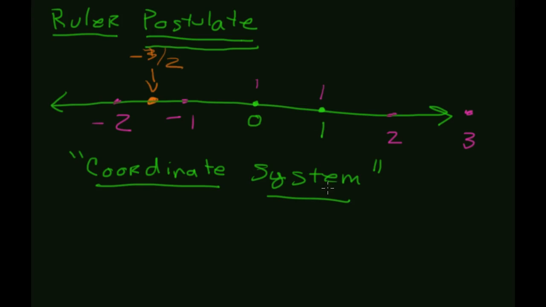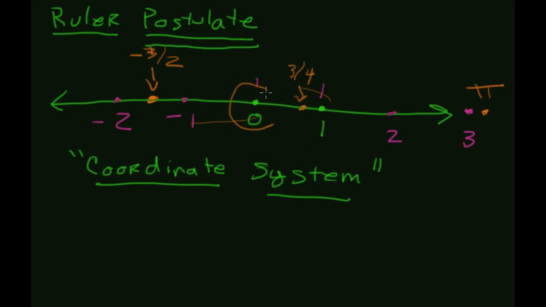And if I want to know where the point that corresponds to 3/4 is, it's around here somewhere. Given a real number, like pi, it's going to be out here somewhere. Given a real number, you can find every single point, and given any point, you can find that number. The key to it is that I need to know where the 0 is.